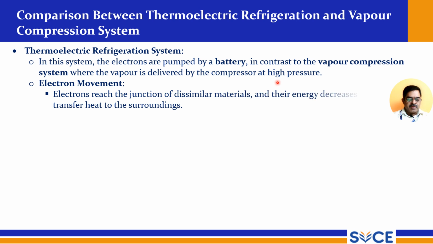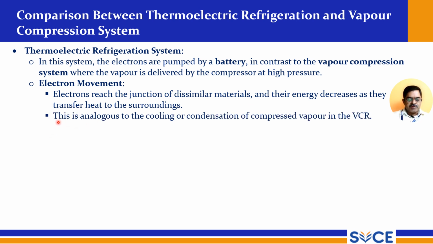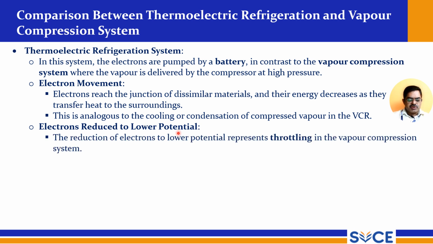Electrons reach the junction of dissimilar materials and their energy decreases as they transfer heat to the surroundings. This is analogous to the cooling or condensation of compressed vapor in the VCR, that is the vapor compression refrigeration system, and the electrons are reduced to lower potential.